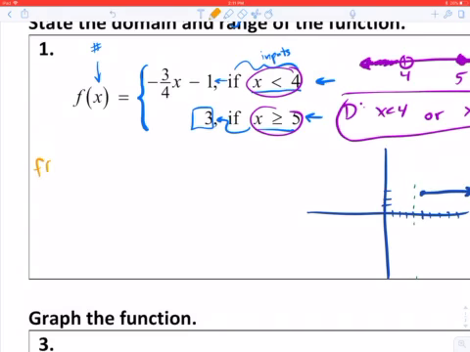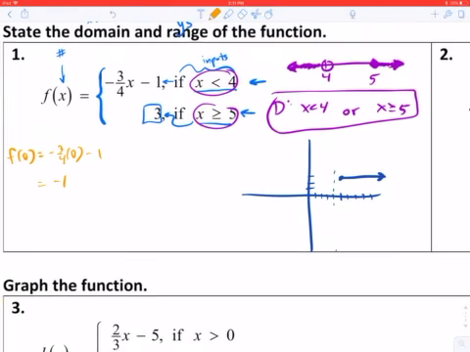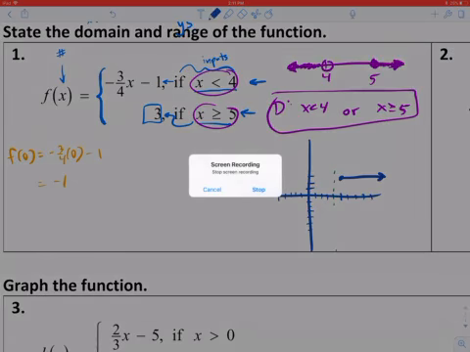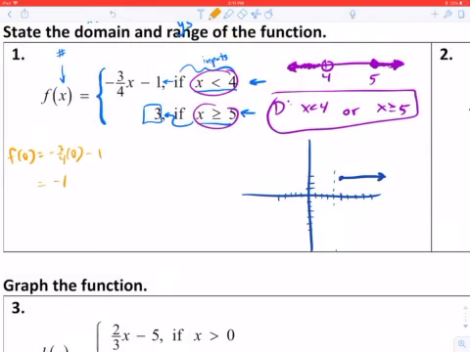Something very easy for me to use would be 0, simply because if I plug that in, whatever you multiply by 0 goes away, so this is just going to be -1. So if I wanted to plot that one, it would be 0, comma, and I guess I have to make some more grid marks. Oops. Doing this in orange, 0, comma, -1.